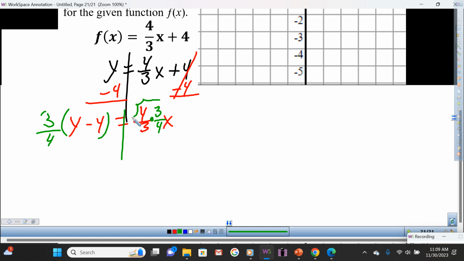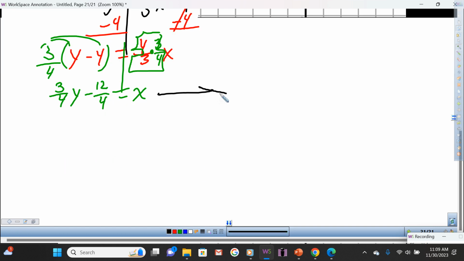This becomes a giant 1. 1 times x is x. And that leaves us with, distribute, 3/4 y minus 12/4, plus 3 times -4. However, that's not the inverse. Tell your neighbor what to do for the inverse, and then Anthony will pass someone. What do we do for the inverse? Who goes?